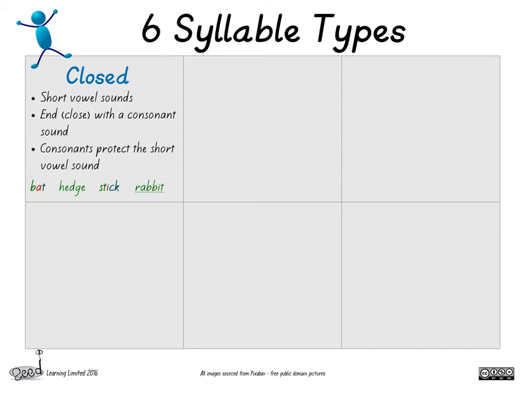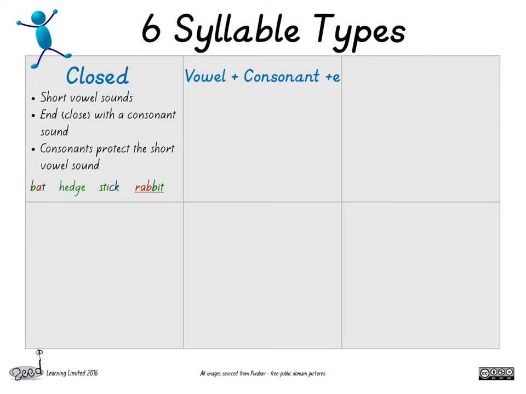Here is the vowel sound i in stick, and here are the consonants CK spelling the k sound. This is a spelling convention worth knowing. The extra letters work together to make one consonant sound. Rabbit, a 2-syllable word, has 2 closed syllables, rab, bit, and in each we can see the vowel sound followed by a consonant sound to close the syllable.